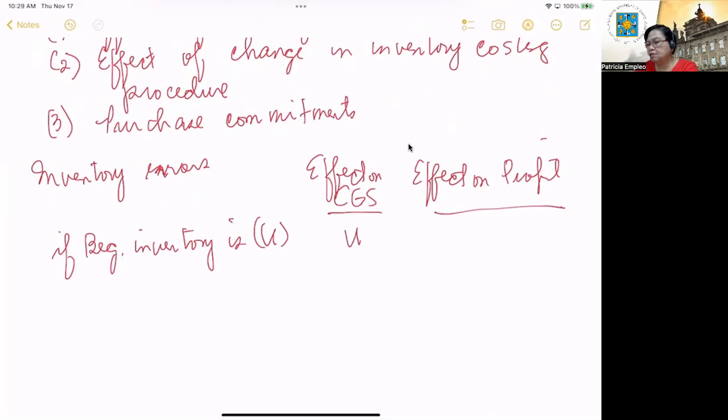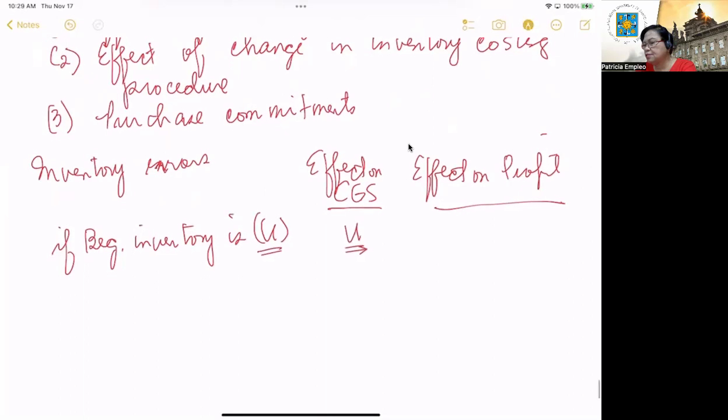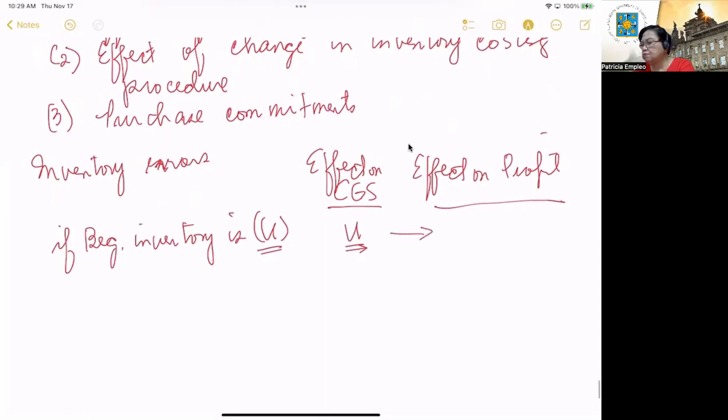So profit will be overstated. And vice versa, if beginning inventory is overstated, then your cost of goods sold will also be overstated and your profit will be understated. Therefore, beginning inventory has an inverse effect on profit.